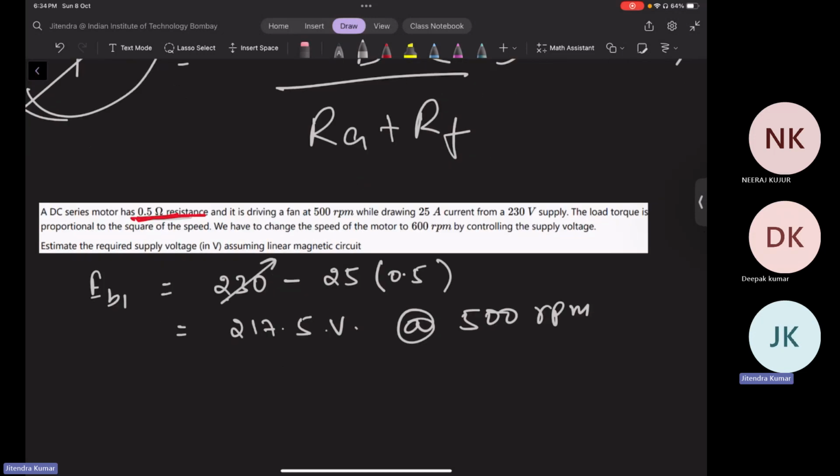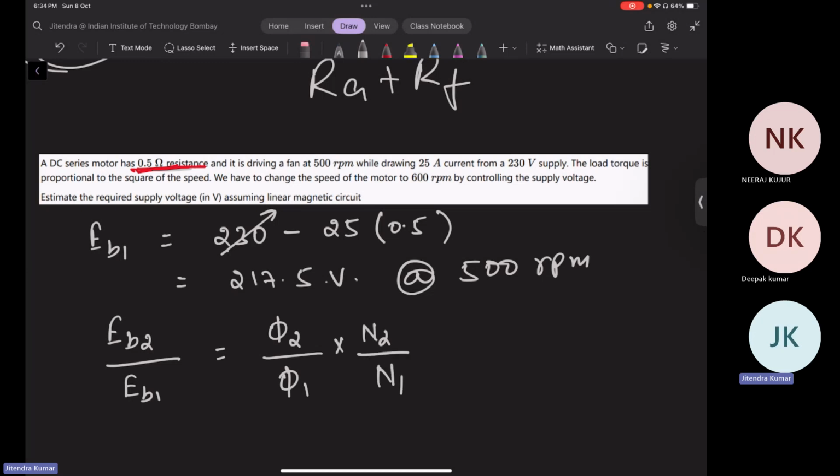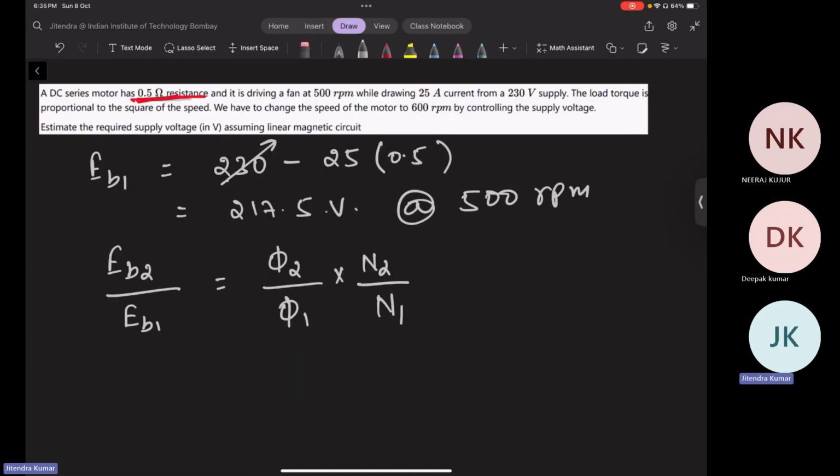Okay, now at 600 rpm, what we can do, EB2 by EB1 is equal to phi 2 by phi 1 into N2 by N1. Now phi 2 will be proportional to armature current. So again, we have to find out the armature current in the second case.